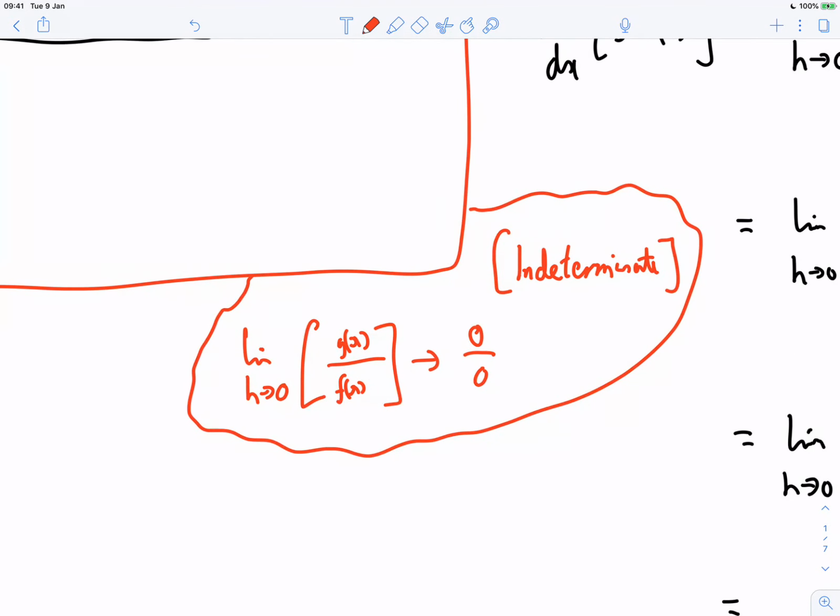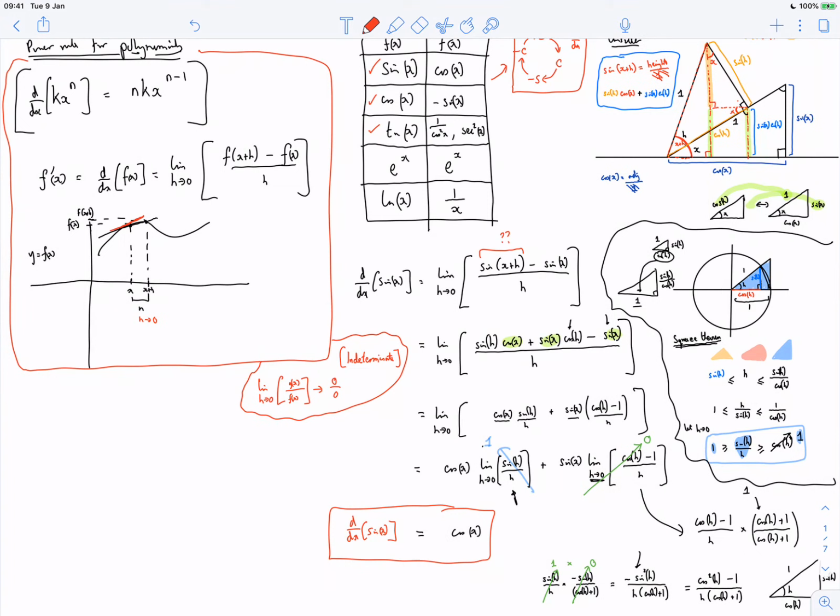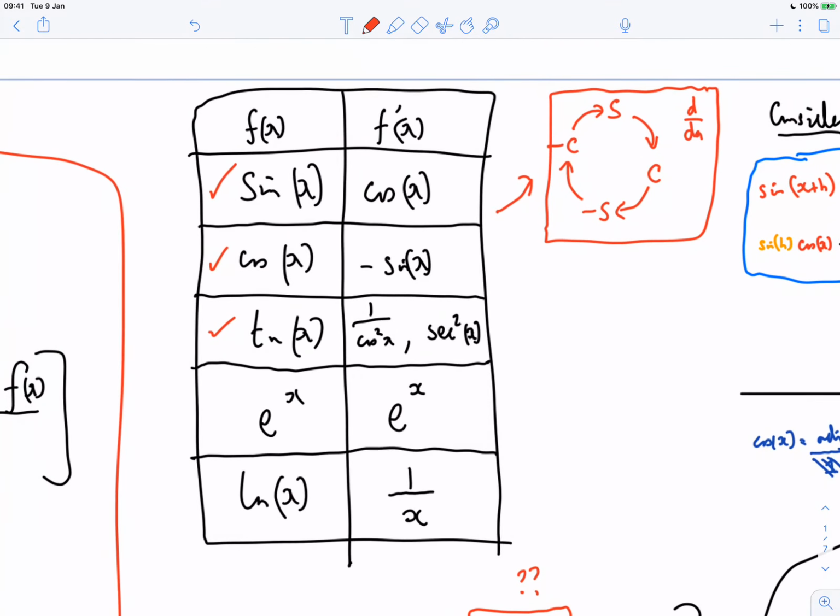Later on in the calculus course, we'll be looking at L'Hopital's rule, which, to be fair, sorts out 99.9% recurring of all things when they're in indeterminate form. But essentially that's what you need to do. I suggest, if you want to check to see if you've really got this, can you follow a same logical argument of showing that cosine x differentiates to minus sine x and tan of x differentiates to 1 over cosine squared x.